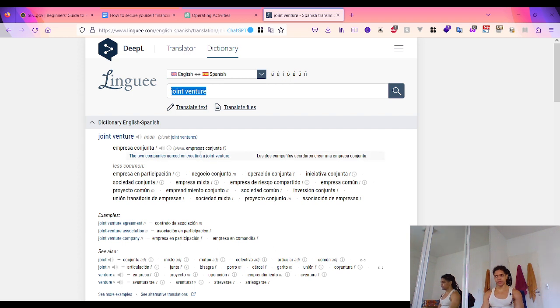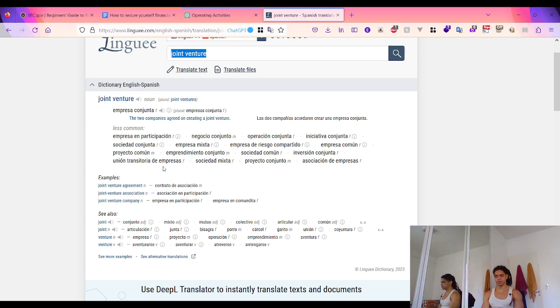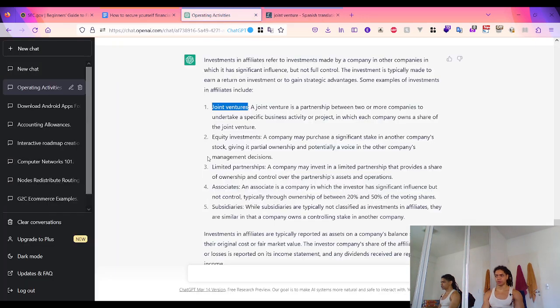The two companies agree on creating a joint venture: empresa conjunta. Contrato de asociación, asociación en participación, joint venture agreement, joint venture association. Empresas conjuntas o asociación. Alright, joint ventures, empresa conjunta.